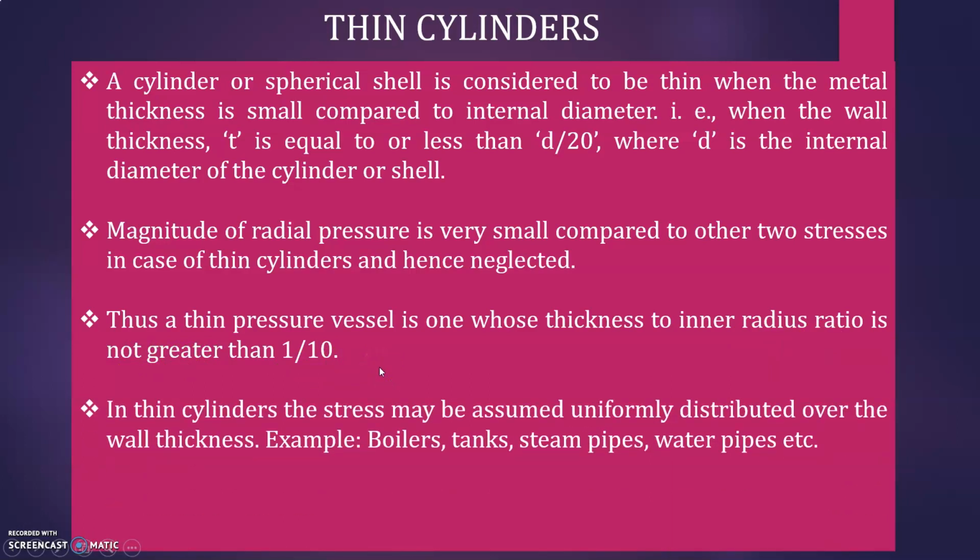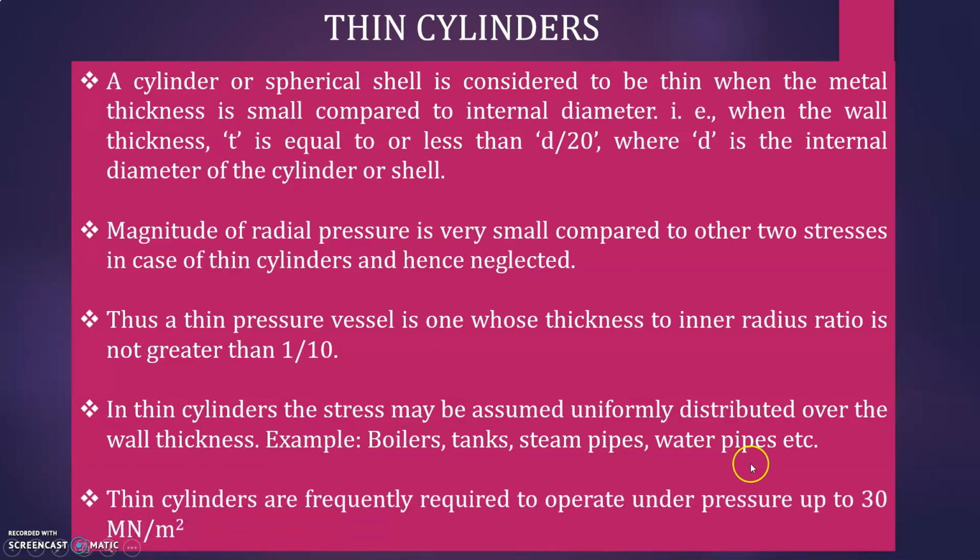In thin cylinders, the stress may be assumed uniformly distributed over the wall thickness. For example, boilers, tanks, steam pipes, water pipes, etc. Thin cylinders are frequently required to operate under pressure up to 30 meganewton per meter square. So it has the capacity for a pressure up to 30 meganewton per meter square.